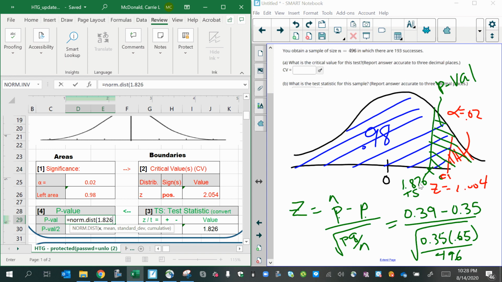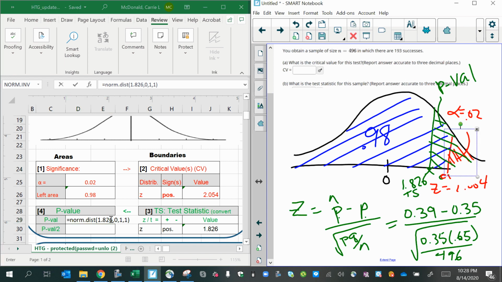Remember that when we give it the mean and the standard deviation and say yes for cumulative, now when I press enter, it's going to give me an area under the bell curve. It's going to give me an area to the left of this boundary. So it's going to give me a much larger area than what I want, because I want the one on the right here, the little tail.